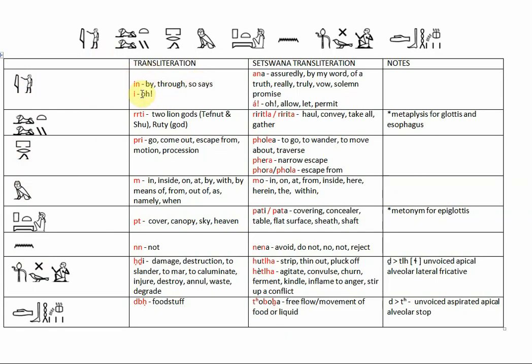There is not really a consensus amongst linguists and Egyptologists as to how this set of glyphs should be transliterated. But nevertheless, we have them in Setswana as Ana, which means assuredly, by my word of a truth, really, truly, vows, solemn promise, etc. O, exclamation, allow, let, permit.